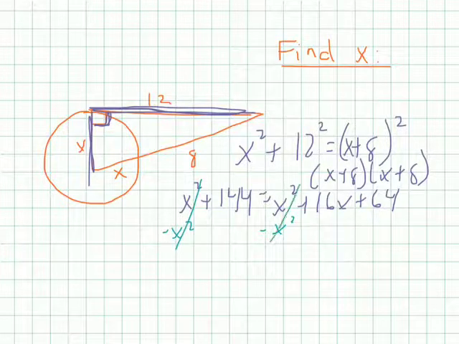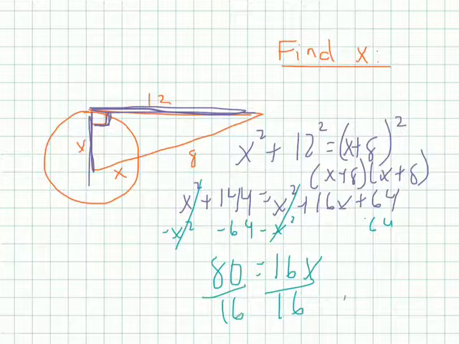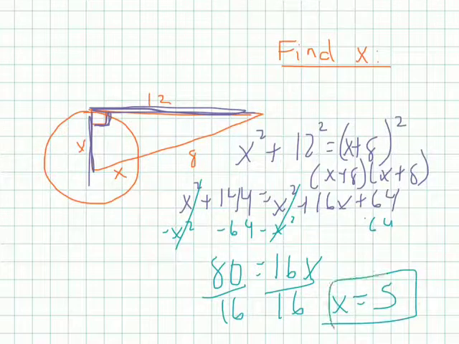Subtract x squared from each side, and I have 144 equals 16x plus 64, minus 64 from both sides, and I have 16x equals 80. Divide by 16, and I get x equals 5. Pretty simple. Let's move on to one more question.